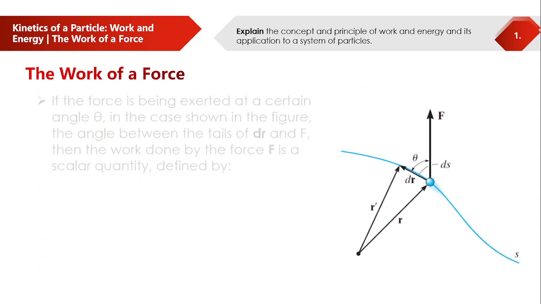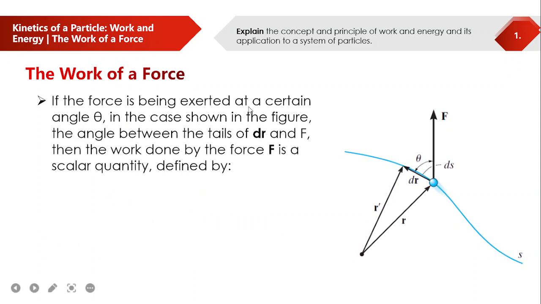Okay? So if the force is being exerted at a certain angle theta, in the case shown in the figure, the angle between the tails of dr and F, then the work done by the force F is a scalar quantity defined by dU, or work U. So dU, or differential work, is equal to the force times ds times cosine theta.